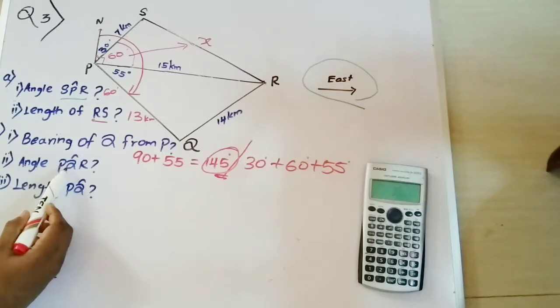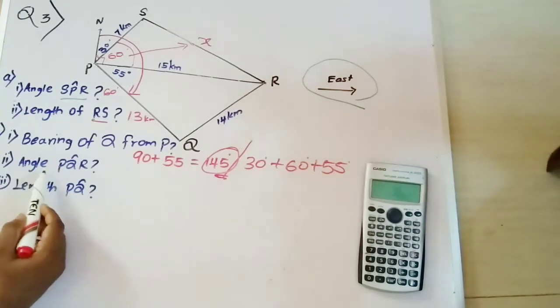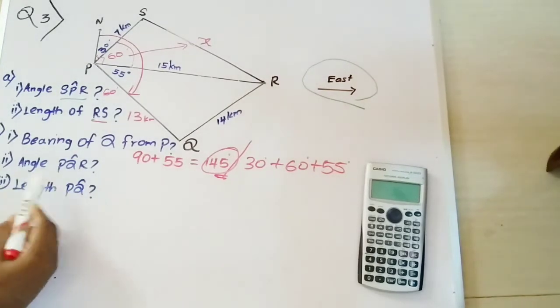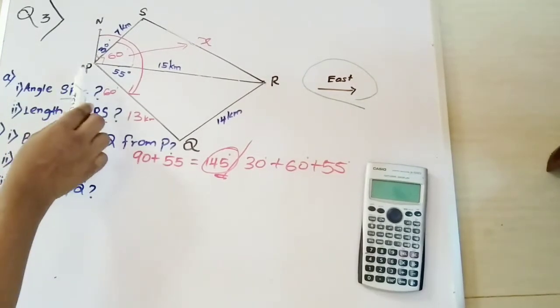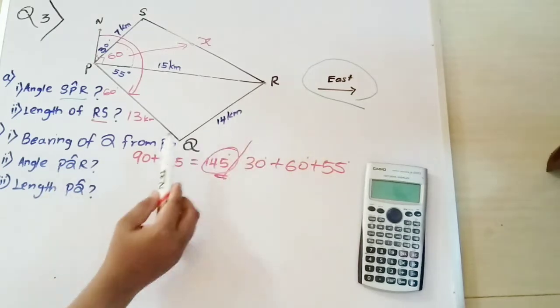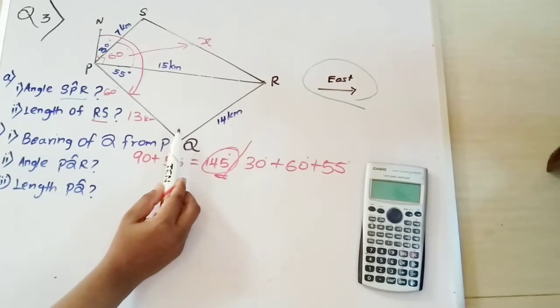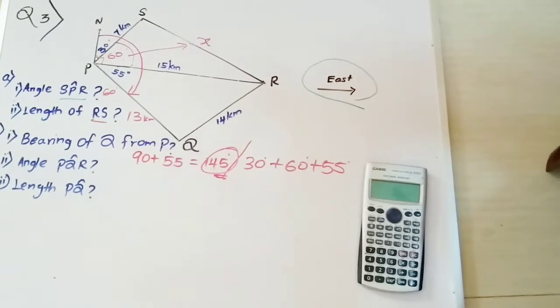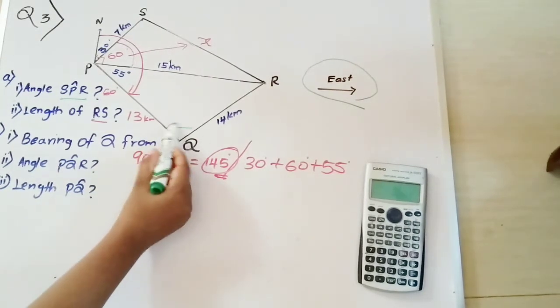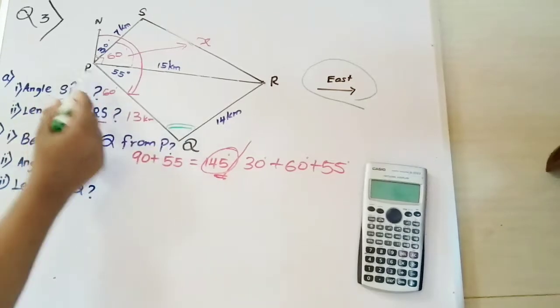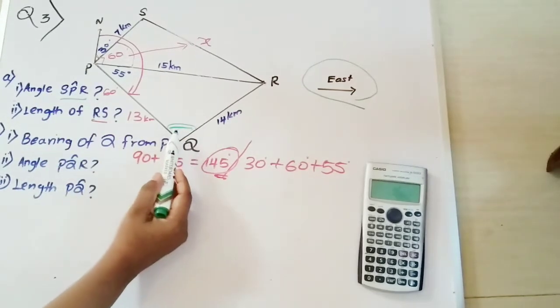Second question, angle PQR. How can we find the angle PQR? Look at the diagram carefully. In this triangle PQR, the angle Q is the question. We have to find this angle.